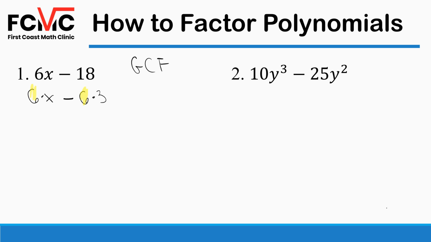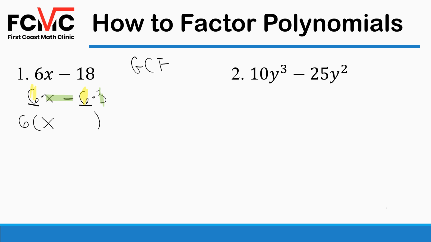So that's the greatest common factor, and that's the factor that I can pull out of each of these terms. So I can pull out that 6 and that 6. I'm going to pull that 6 in front, outside of the binomial, and I'm going to keep the remaining terms, the x minus 3, inside my parentheses.